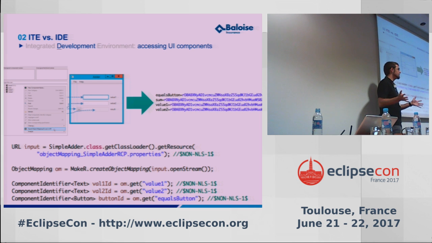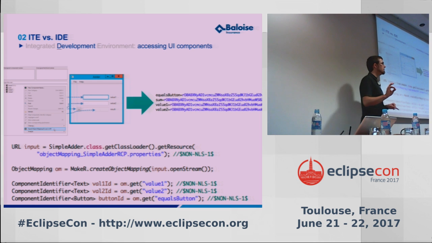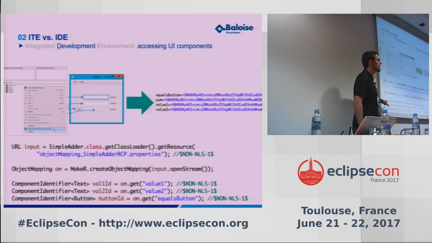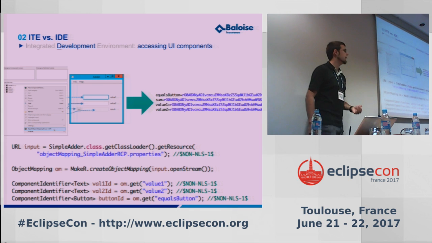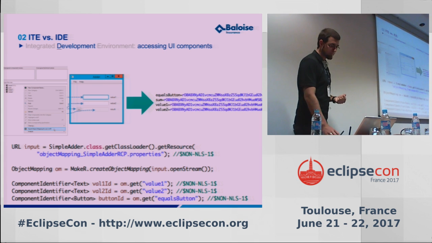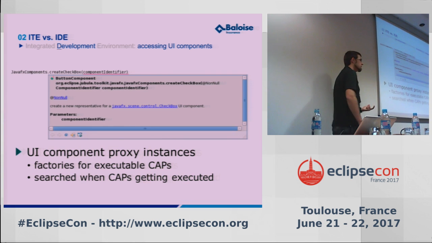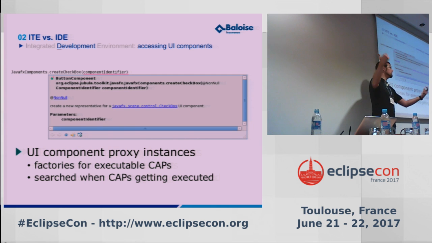It's not a secret, but it's not part of the API how we do that. And then you can basically load this property file, get an object map from that, and get your component identifier. Like this is a raw, untyped component identifier. And after you created that, you haven't got your instance from the UI yet.